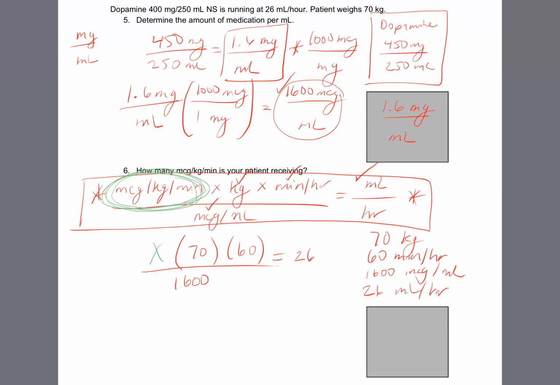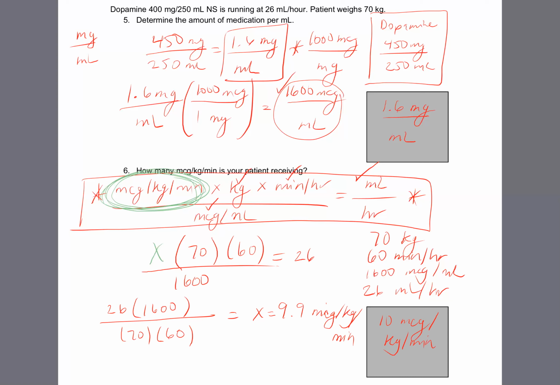So we have 26 times 1600, all divided by 70 times 60 equals X. And the answer is 9.9 micrograms per kilogram per minute, and this all rounds to 10.